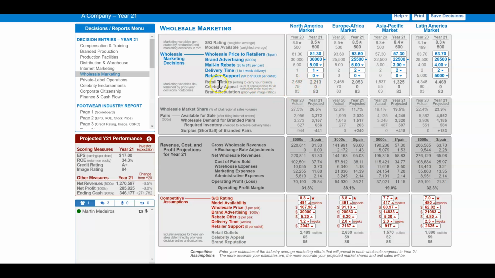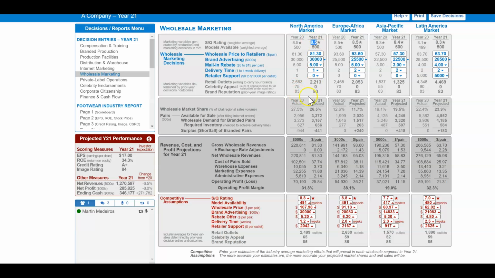And there's also celebrity appeal. Teams can hire celebrities to promote their shoe. And then brand reputation. That's a function of their image, and their image is based upon their market share in a region and their quality, the SQ ratio. In other words, they're rated on stars. 1 star is a terrible shoe. 10 stars is a very, very high quality shoe. This team has 8.5 stars. So part of the brand reputation is their stars in a region.